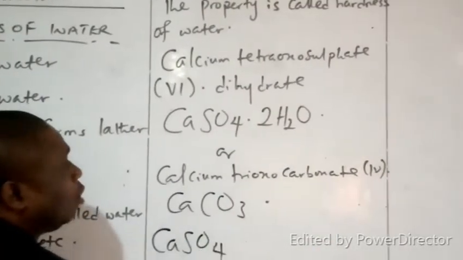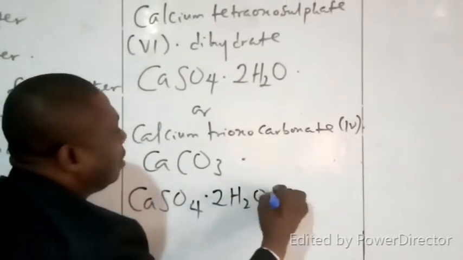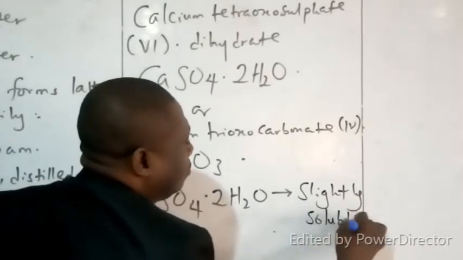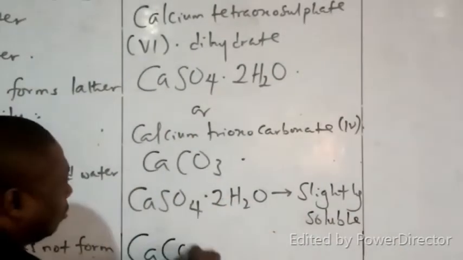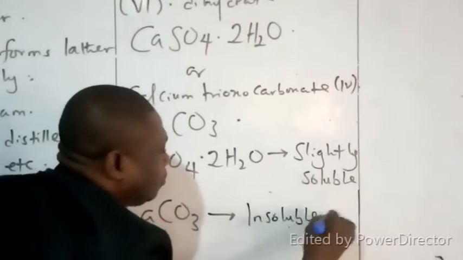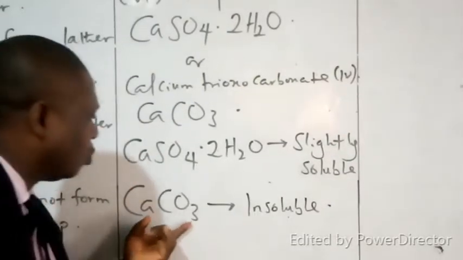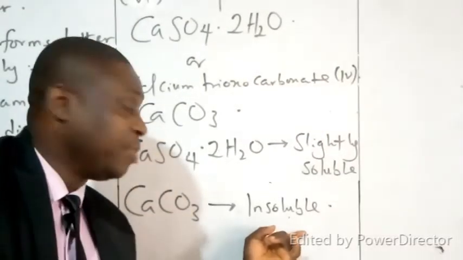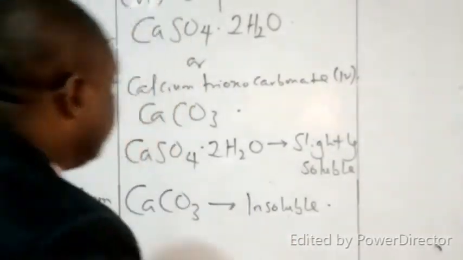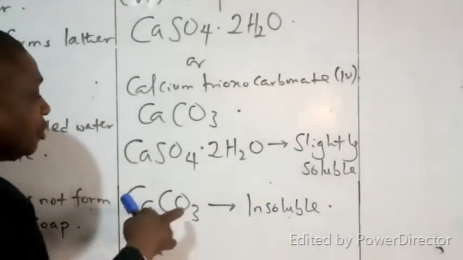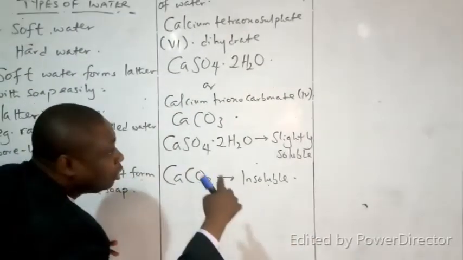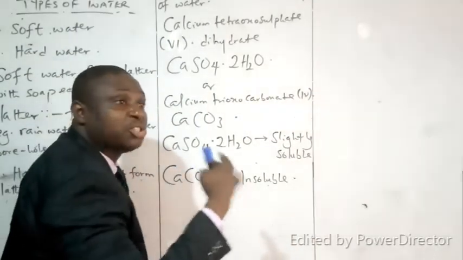Now, if I want to further explain the two that we have, calcium tetraoxosulfate(VI) dihydrate is slightly soluble in water, but calcium trioxocarbonate(IV) is insoluble. What makes it slightly soluble in water is that when the water contains carbon(IV) oxide, the carbon(IV) oxide has the ability to dissolve calcium trioxocarbonate(IV) and make it a slightly soluble substance, calcium hydrogen trioxocarbonate(IV).